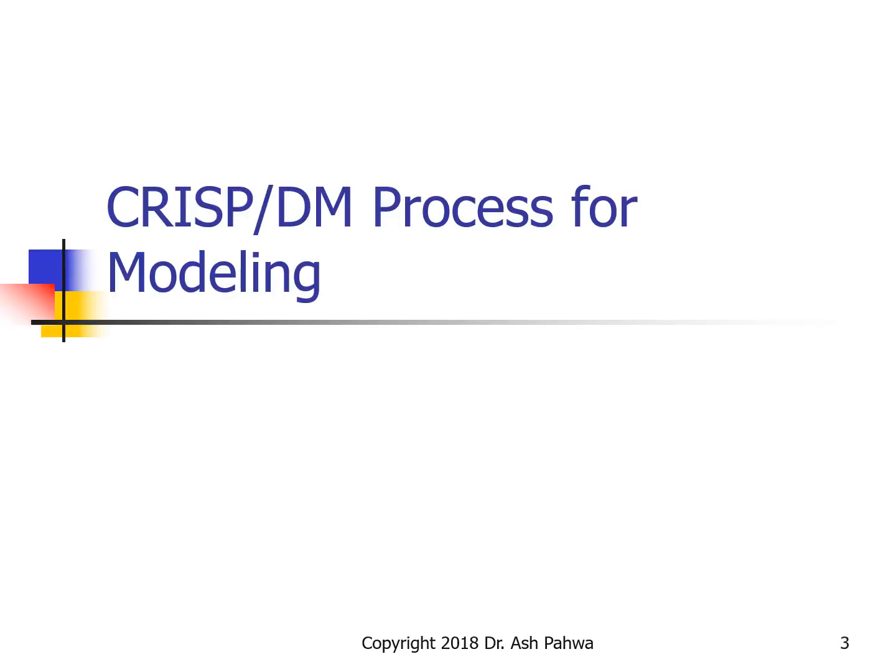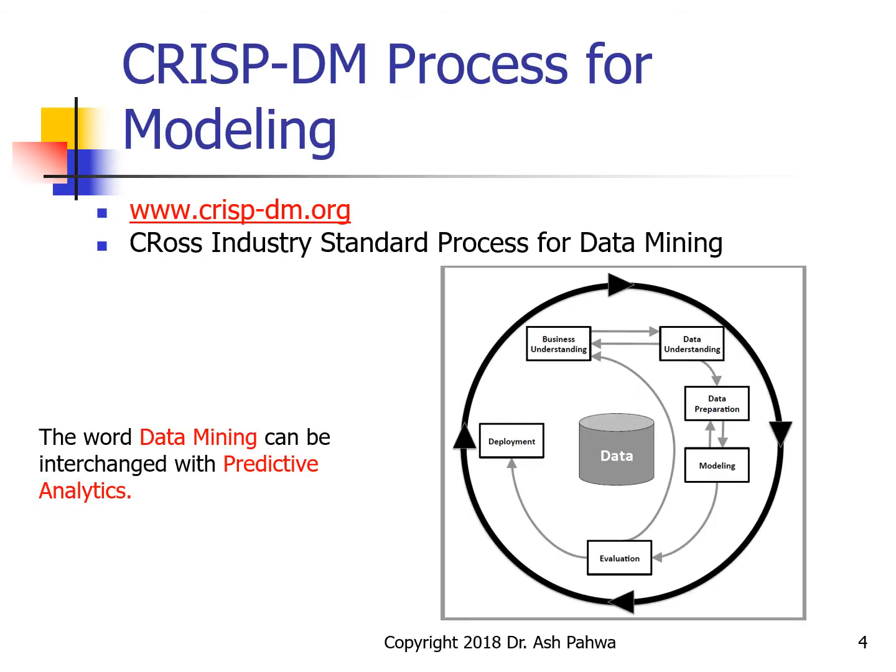So first, let us start with the CRISP DM model. And this is actually a methodology to do the modeling. And this is just a very high level procedure which should be followed to do any predictive analytics project. So the word CRISP DM basically stands for Cross Industry Standard Process for Data Mining.